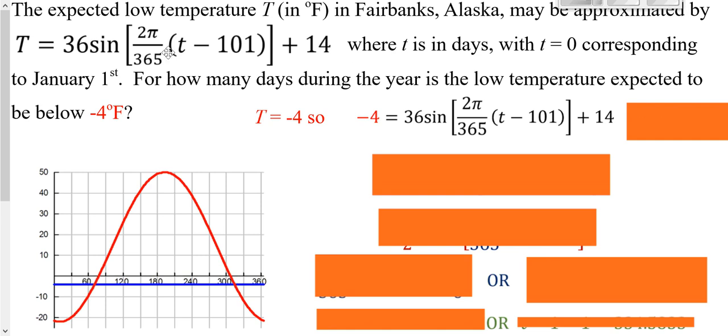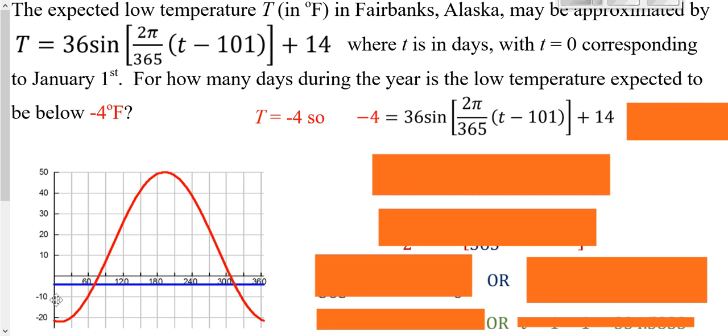Now, we could also go ahead and graph this to give us a nice visual from what we were doing in the last chapter. You know your amplitude is 36, you have a vertical shift of 14, you have a phase shift of 101 days, and your period is affected by this value of b. So if you graph it, you get this red graph down here.